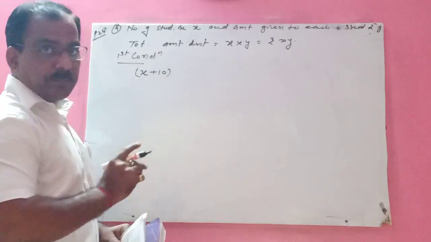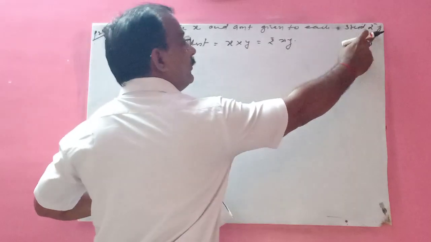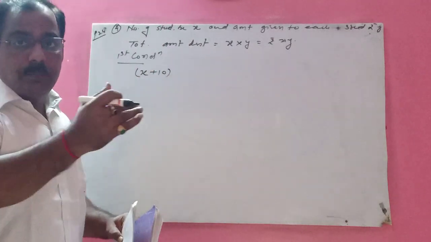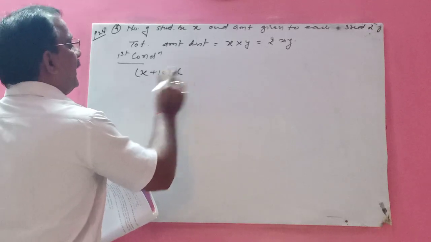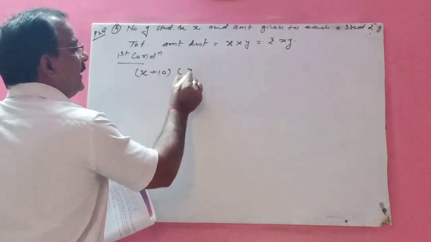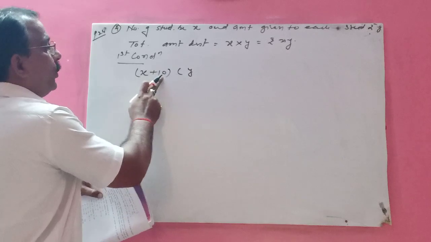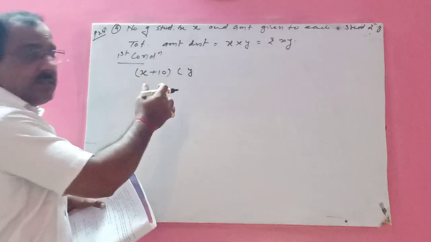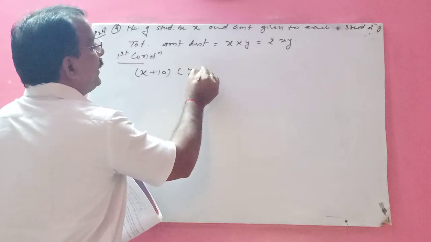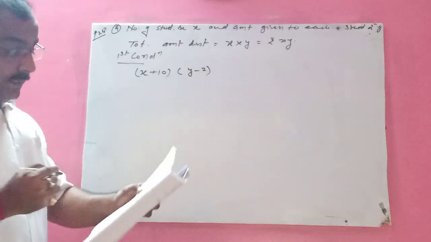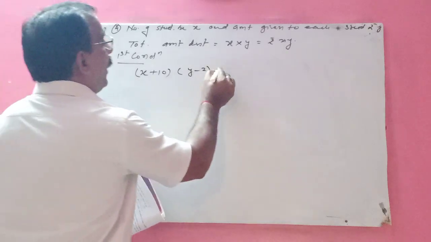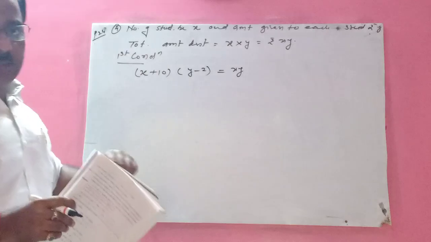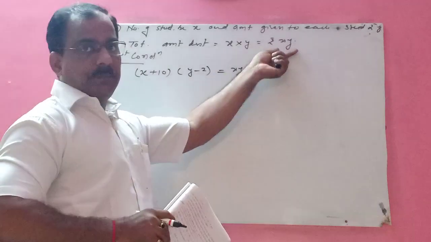Then each child will get 2 rupees less than y. At present, when there are x students, each child is getting y. But when 10 students are added, each child will get 2 rupees less, so y minus 2. But the amount remains the same, xy, because that is not changed.